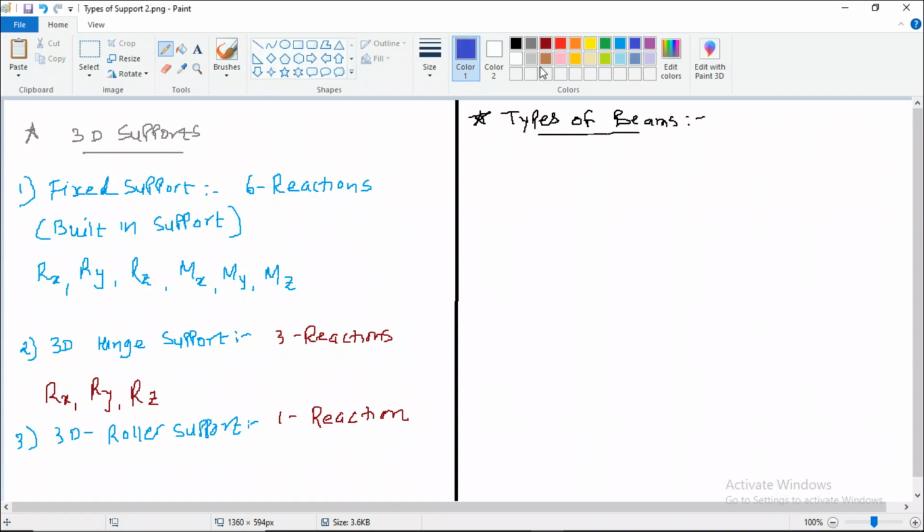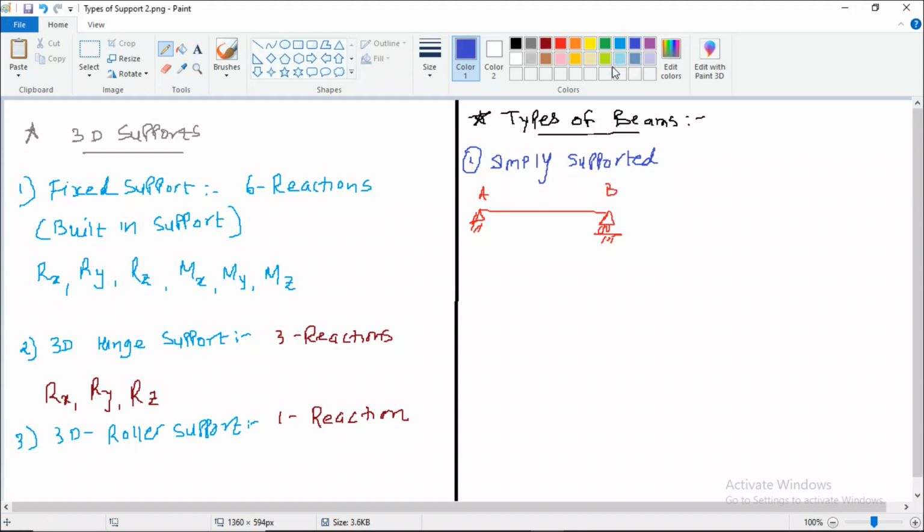First type of beam is simply supported beam. If you see it on site, it will look like this: one side hinge, other side roller. Let us say this is point A, this is point B.